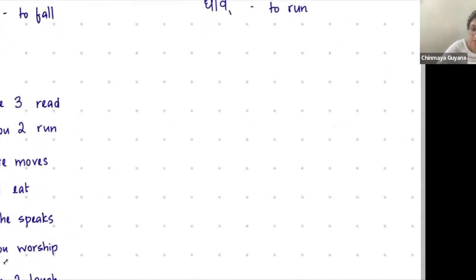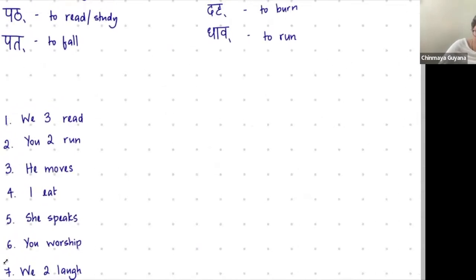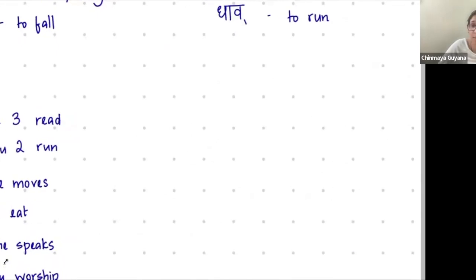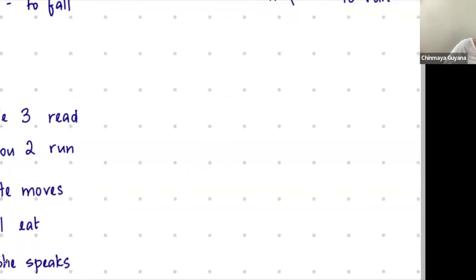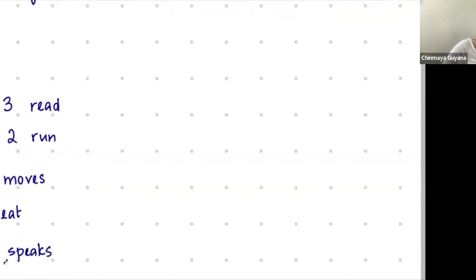We three read. So read we saw was pat. Pat becomes patha. And we three, this is what you have to do. Very important. You have to write the person and the number, right? We three read will be what person? First, second, or third person?